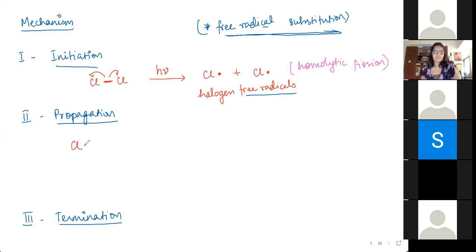So when this chlorine free radical hits the alkane, let's say CH4, methane ka molecule that we have, this ends up substituting one of the things. So you get CH3 methyl free radical and HCl.